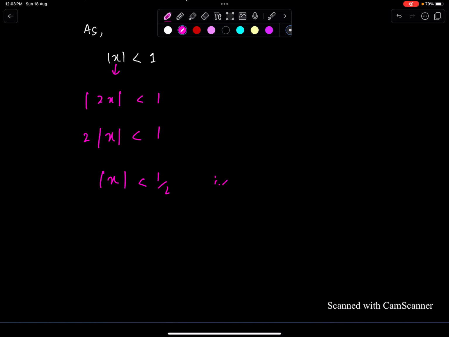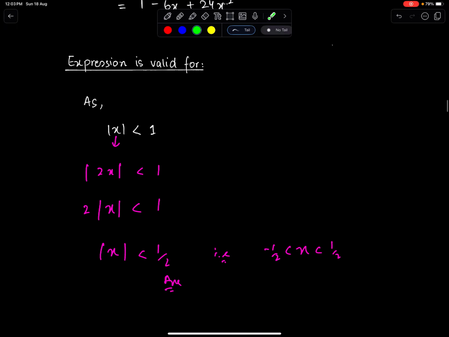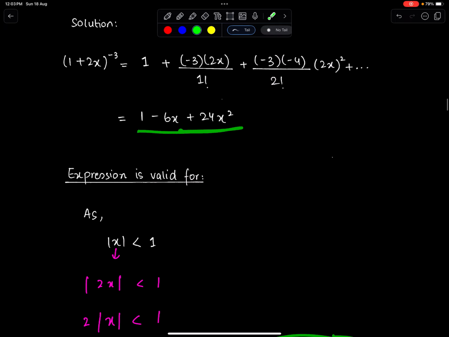This means this is the answer, but this means x lies between minus half and half. This means we can substitute any value of x within this range into this expansion, and this expansion will be verified.